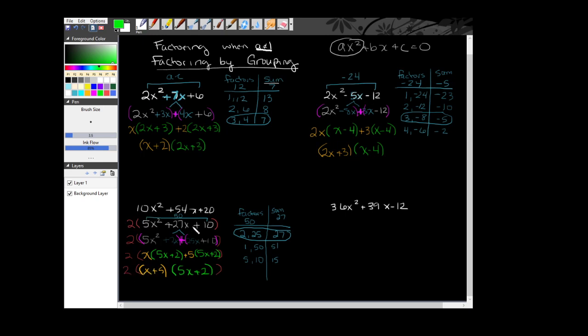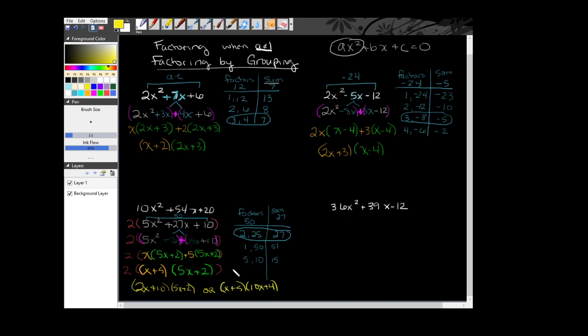Now, if you did not factor out your GCF, you might get a solution that might look like this. You might get something like 2x plus 10 times 5x plus 2. Or you might also instead get x plus 5 times 10x plus 4.